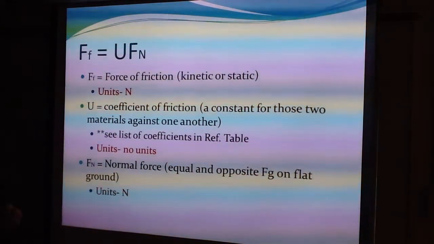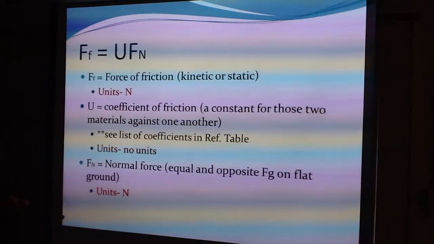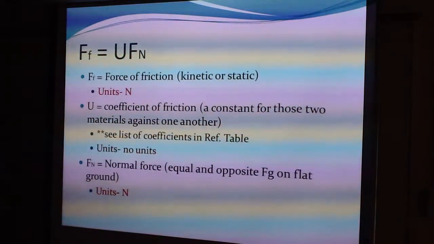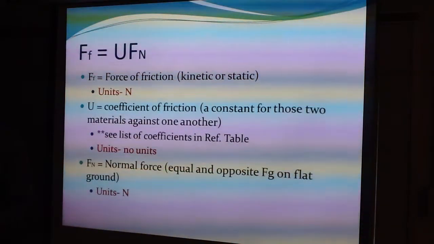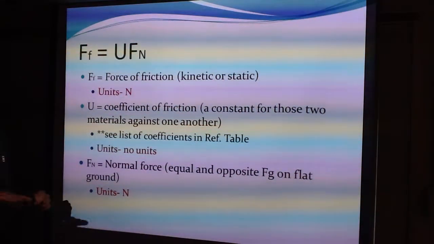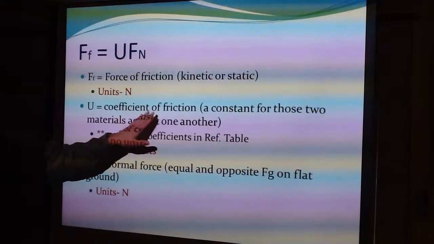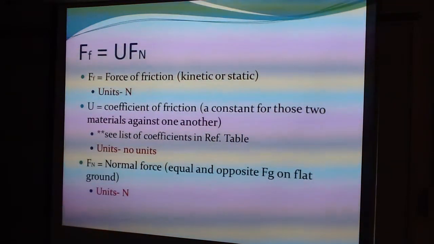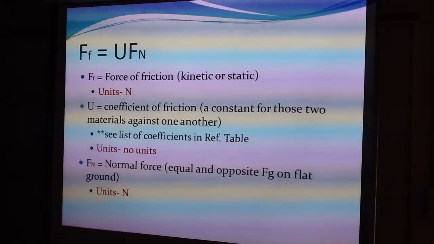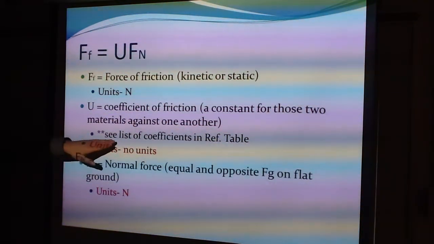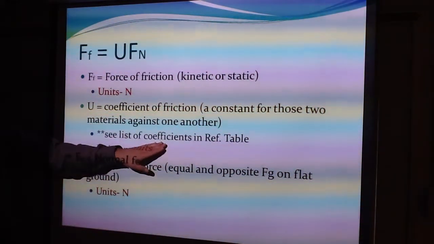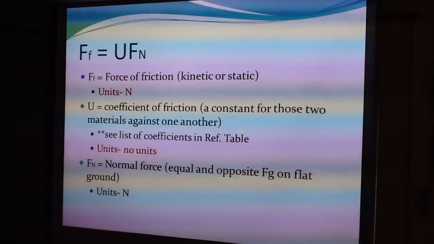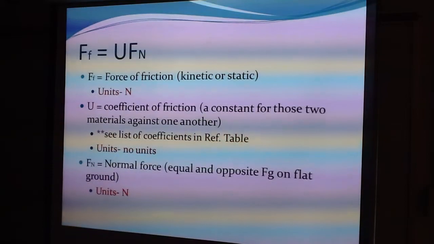Would that be sticky or slidey? Slidey. So in comparison, the rubber tire on the asphalt would have a higher number than the rubber tire on the ice. That's what a coefficient is. It's a number that compares how slippery two surfaces are to one another. Okay? And actually, we'll go there in a minute, but in your earth science reference tables, there's a whole list of values for coefficients.